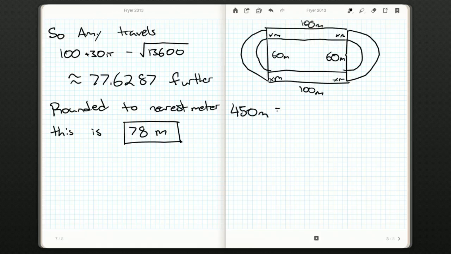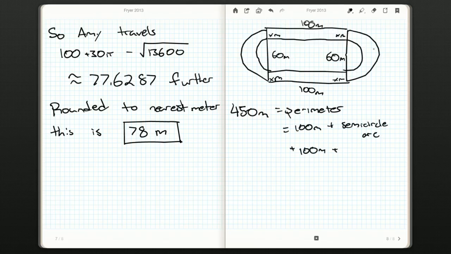So we know that 450 meters equals the perimeter. And that's 100 meters plus the semicircular arc plus another 100 meters.